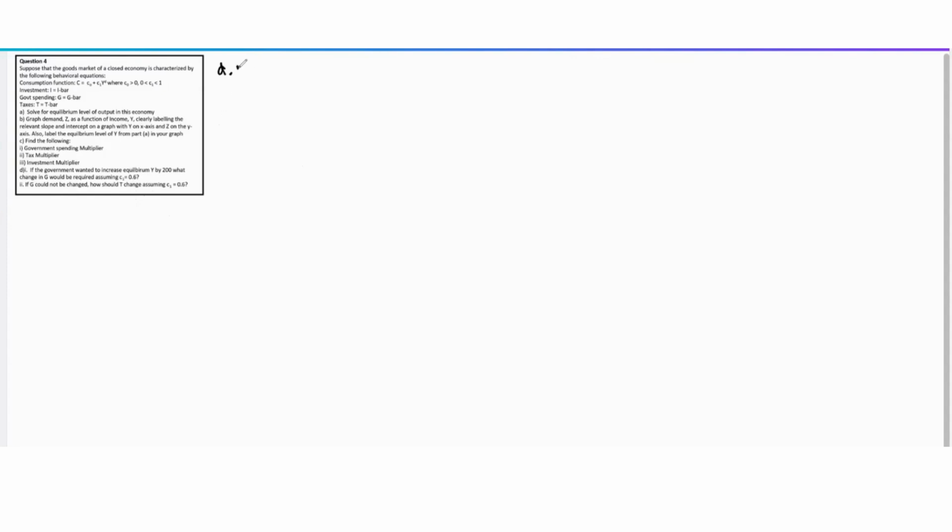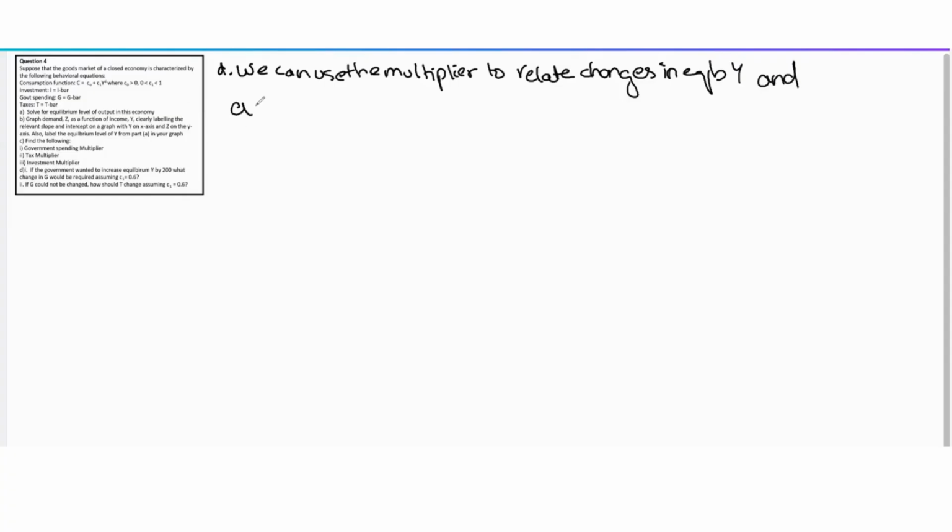So we can use the multiplier to relate changes in equilibrium Y and autonomous spending, because we know the multiplier tells us how much equilibrium output changes due to a 1 unit change in autonomous spending.